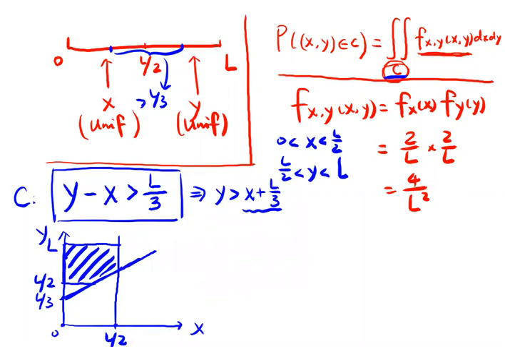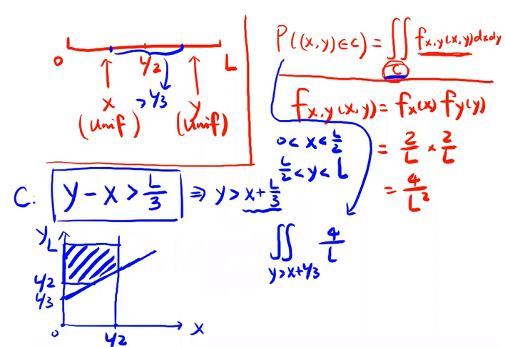So the problem over here becomes the integral over y greater than x plus L over 3 of 4 over L squared dx dy. Okay? So how to move forward? This region, we drew it, is what's on this graph at the moment. Let me use a different color.